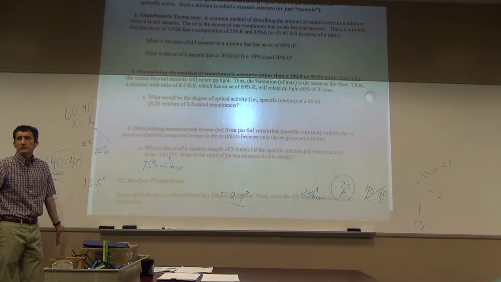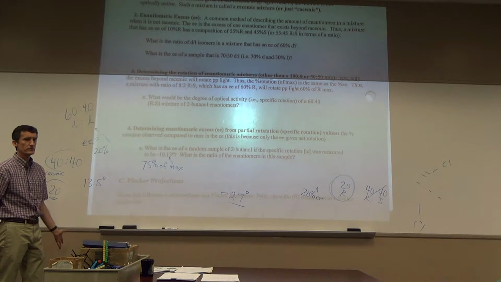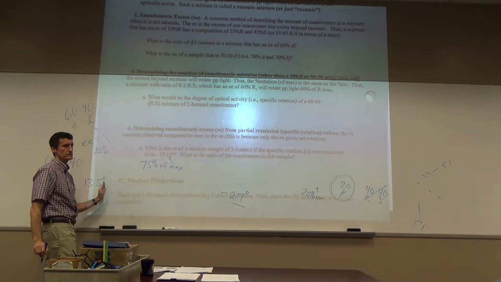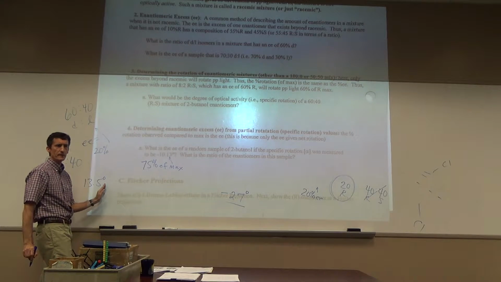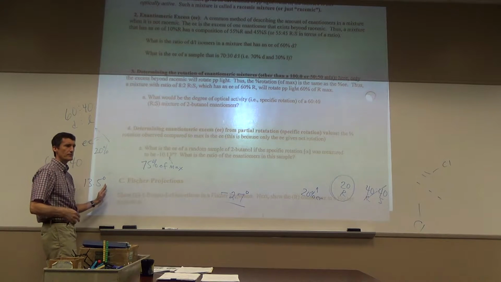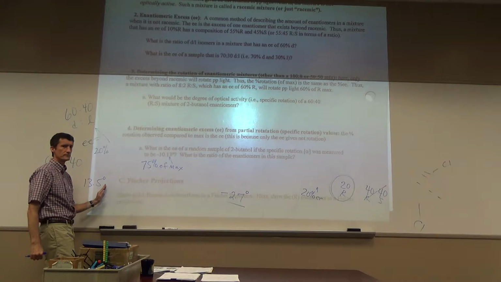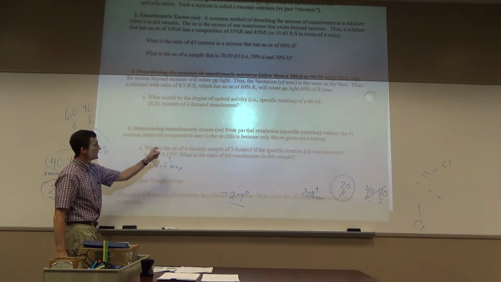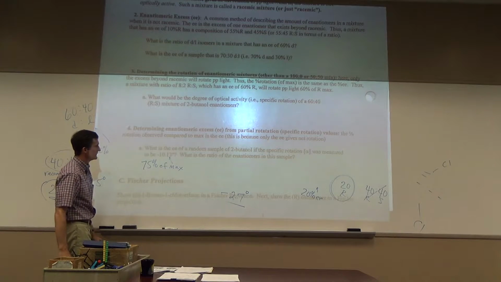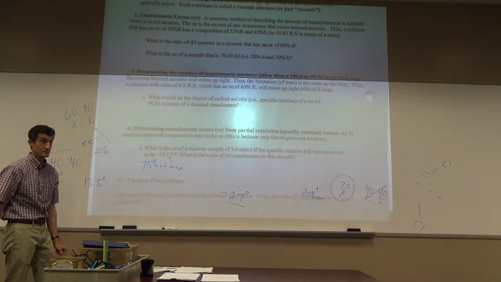Now, the plus or minus doesn't matter right now. What do you call it when the plus or minus doesn't matter? Absolute value. 75% of max. So what's the EE? 75.